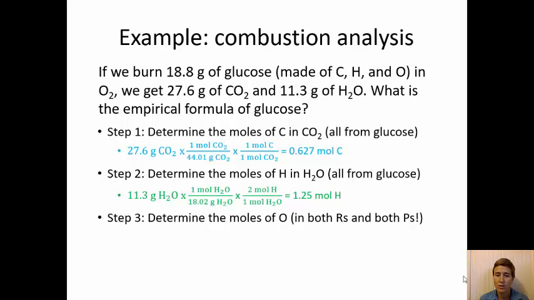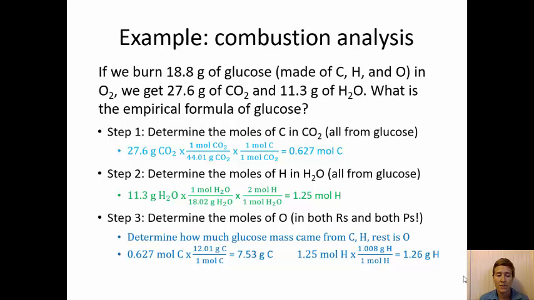This goes back to knowing what a compound is made of. The glucose is made of just carbon, hydrogen, and oxygen. So if we know how much of that mass came from carbon and hydrogen, which we can figure out, we know the rest must be oxygen. So we're actually going to determine the mass of the oxygen, not from the products, but from the reactants.